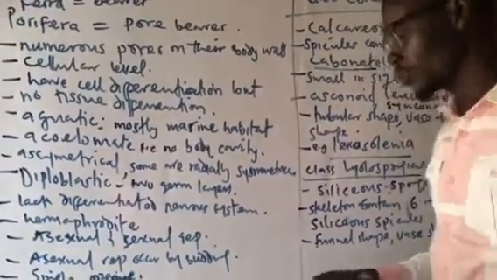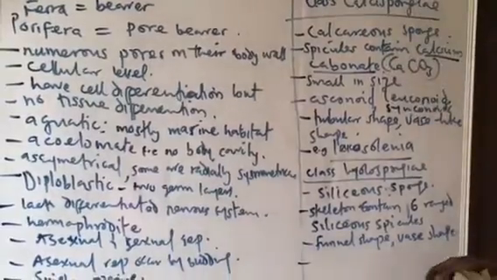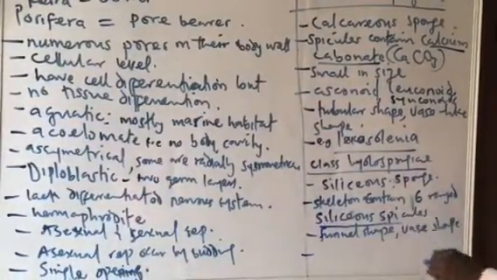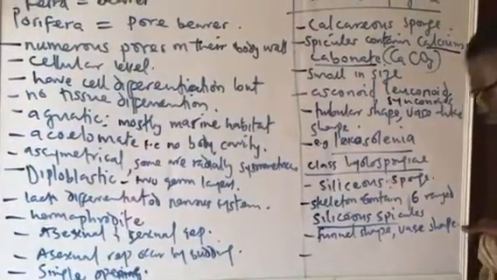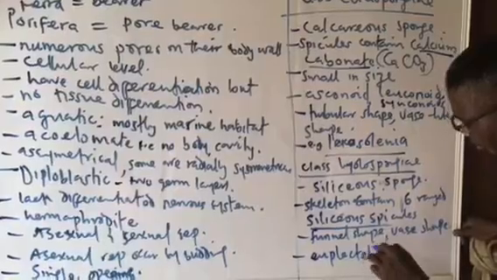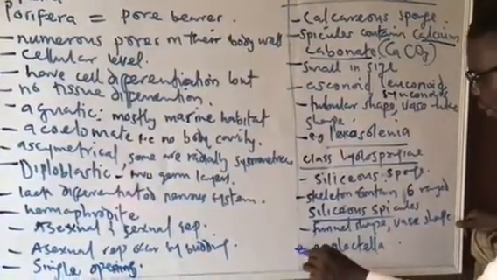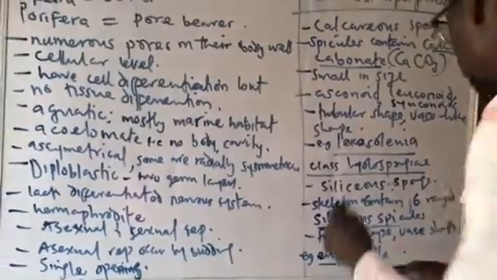And their skeleton contains siliceous material, while in the previous group the skeleton contains calcium carbonate. An example is Epictella. These are examples of class Hyalospongi.